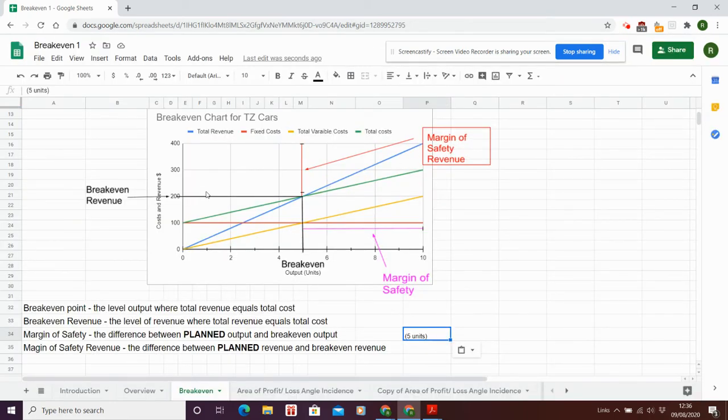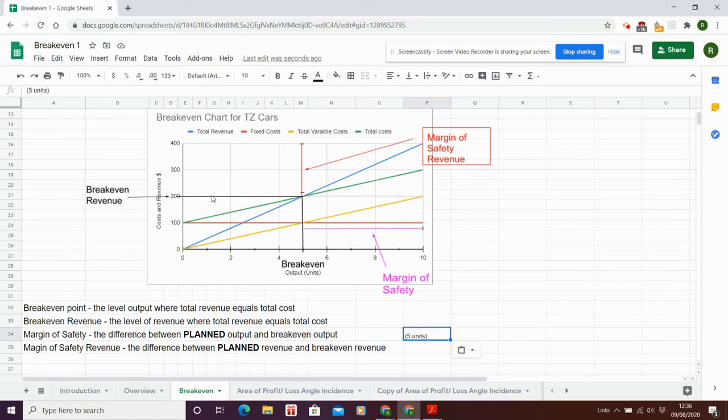And the break-even revenue is the revenue which corresponds to the break-even point. So what sales in terms of pounds or dollars in this case you need to achieve to make sure that the income of a business exactly equals the outgoings or the costs of the business.